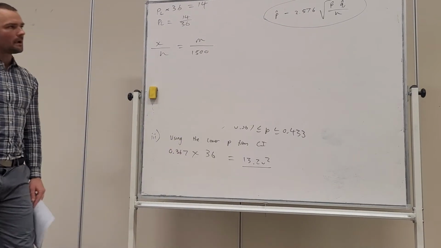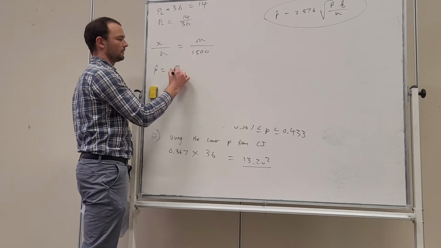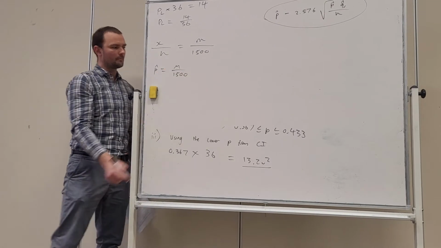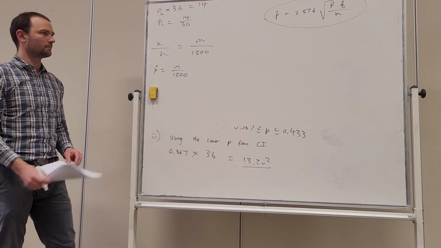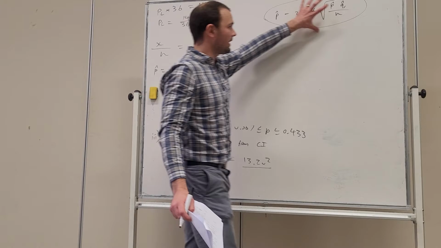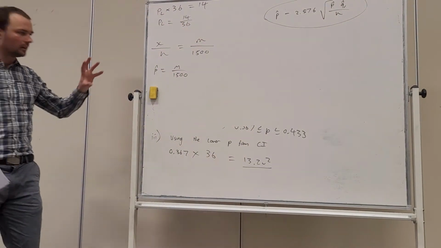So the value of P hat is M on 1,500. So we've got P hat, this is the lower end of the confidence interval, and it has to equal 14 on 36.